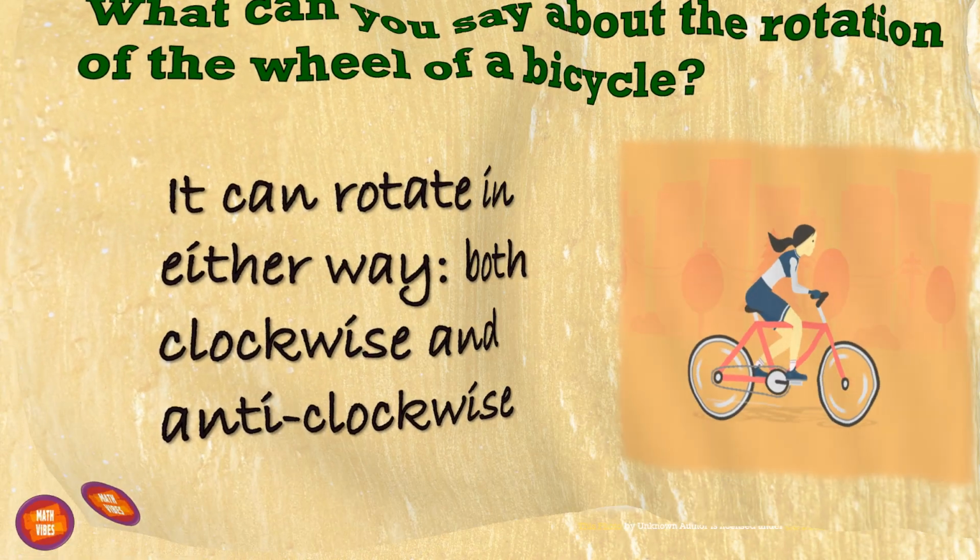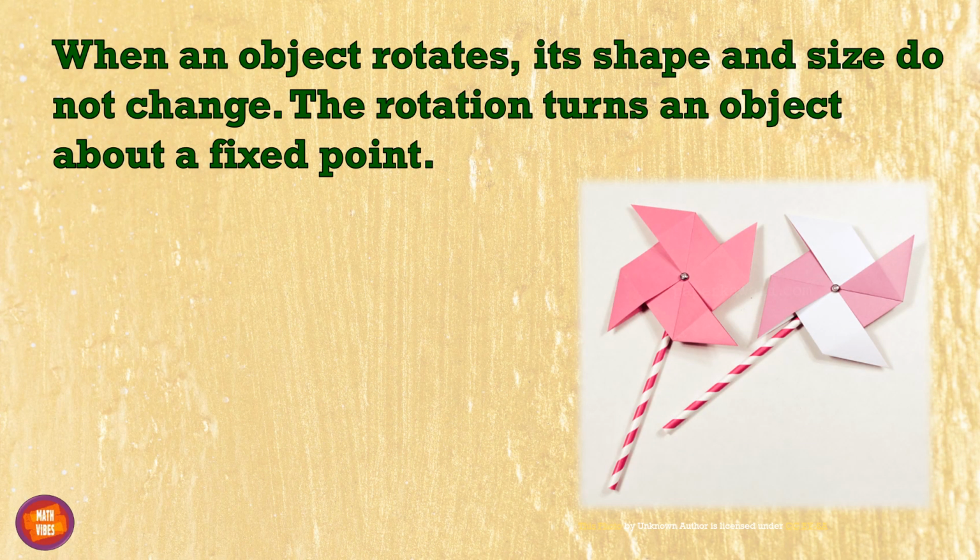Now, when an object rotates, its shape and size do not change. Just like we have seen in the reflectional symmetry video, the length and the angle size etc. do not change. Same way, when we are talking about rotational symmetry, its shape and size do not change.